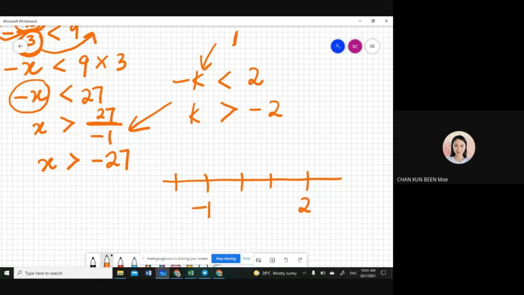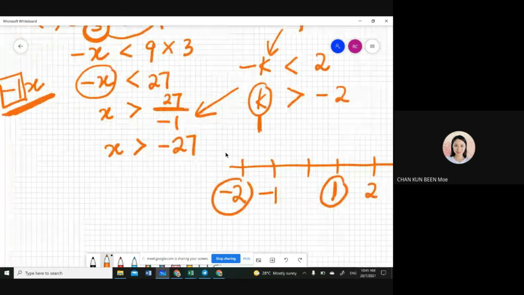Correct, right? Now k is 1, and it is greater than negative 2. So 1 is greater than negative 2, right? Yes. So you remember, when you change the sign to positive like this, you need to change the symbol.